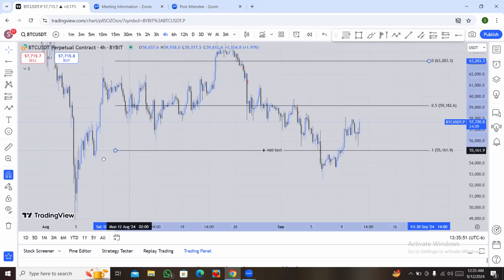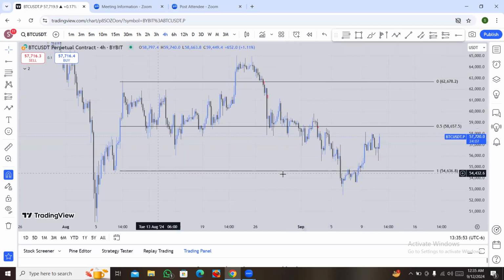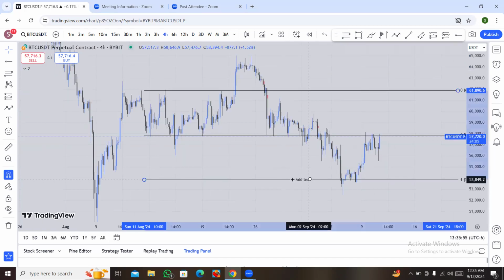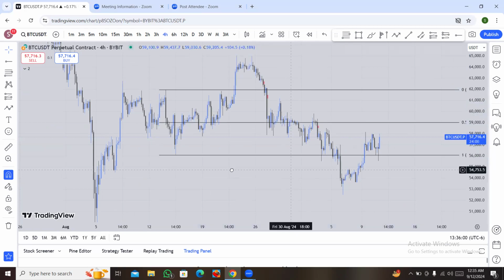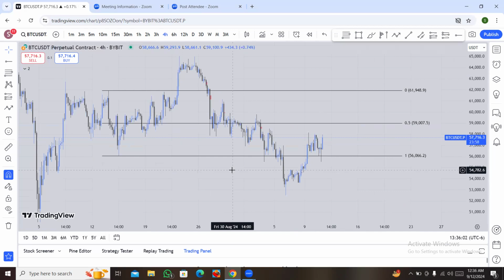First I was considering this range, but on a broader perspective I changed to this one. If you saw my previous videos, this is also a valid one. Like we got a beautiful reaction here, here we got a reaction. Then today we got again a beautiful retest in it, and then we are going up.